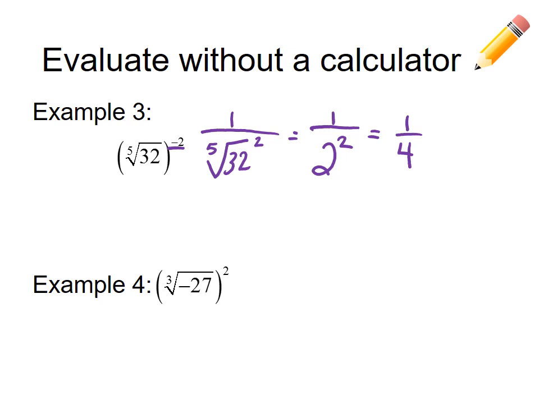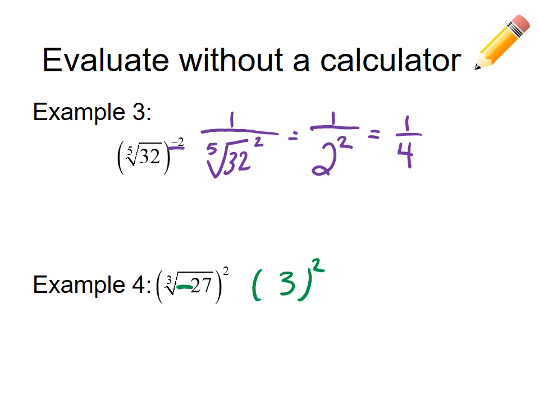Our last one, we have a positive power, so I'm going to leave it as is. I'm going to look at the index value first. If I have a cubed root of 27, that gives me a value of 3. I haven't dealt with the squared yet. But be careful, this is a negative 27.